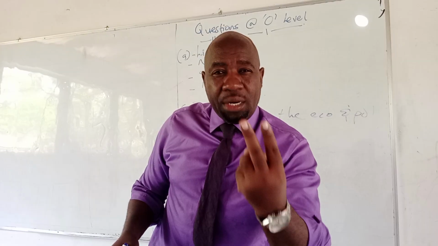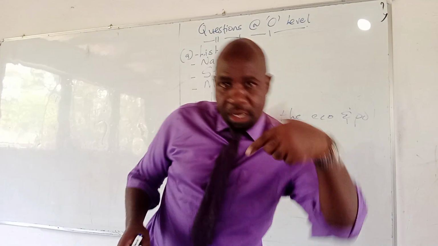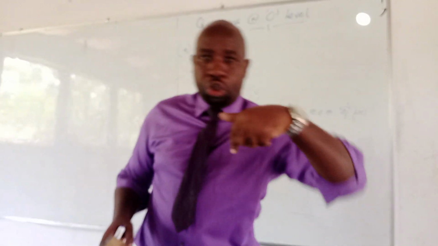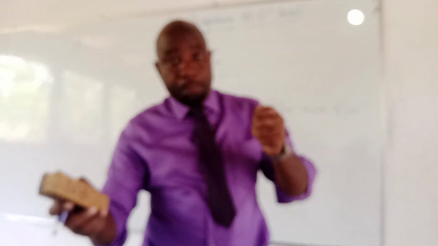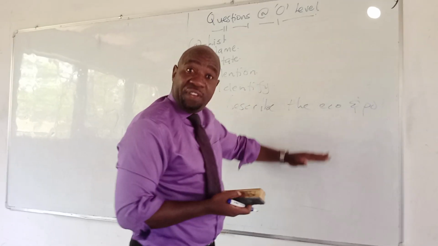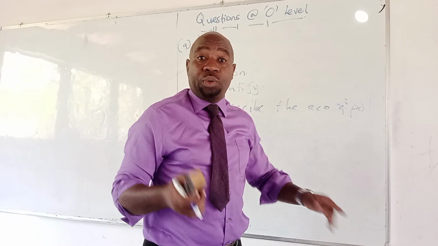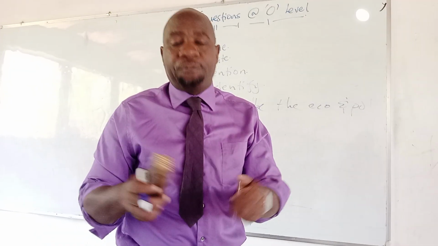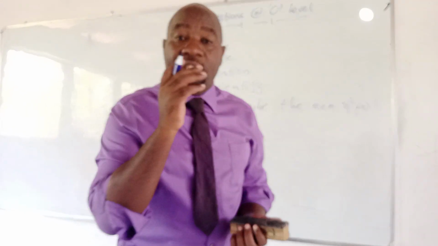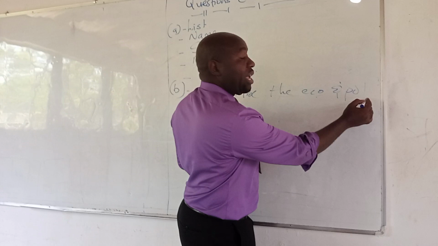So a question with two components: rise, origins, economical, political, social. Any question having two components, what are you supposed to do? You give six points on the first side, another six points on the second side, so that you get 12 out of 12.